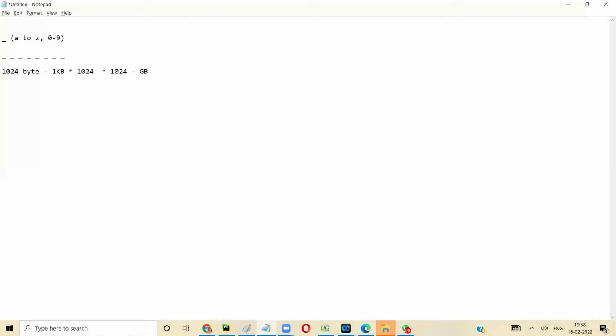Since each English character is 1 byte, a GB will have 1024 into 1024 into 1024 characters. But when you get into machine level, binary level, you multiply this with 8. That's called bit. Each bit means each specific character.